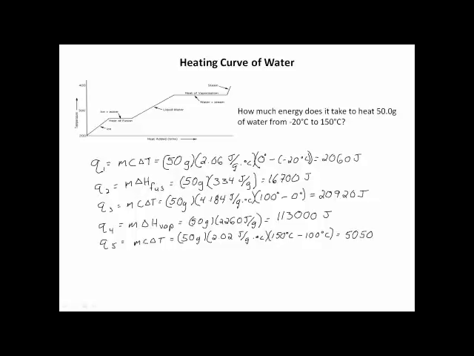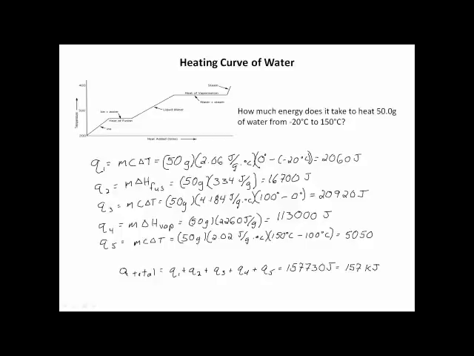Okay, so our Q total, as we said, is just adding up Q1 plus Q2 plus Q3 plus Q4 plus Q5 equals, in our case, 157,730 joules to our 3 sig figs, and putting that in kilojoules we get 157 kilojoules.